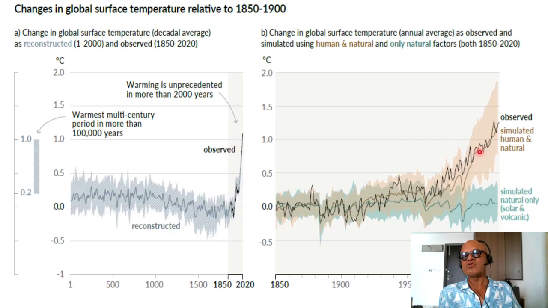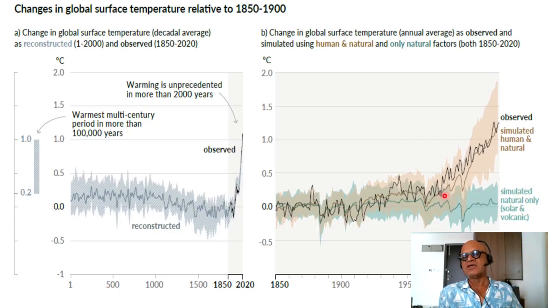So the idea is that when we have human and natural forcings, we can get the observed simulation reasonably well, which gives us confidence to say, if we take out the human contribution in terms of radiative forcing, or additional energy that's being trapped, what happens.